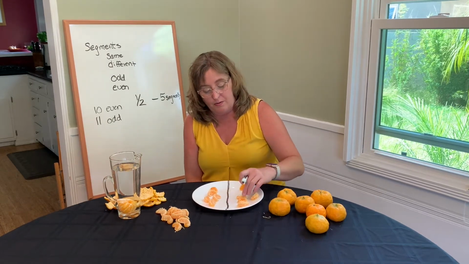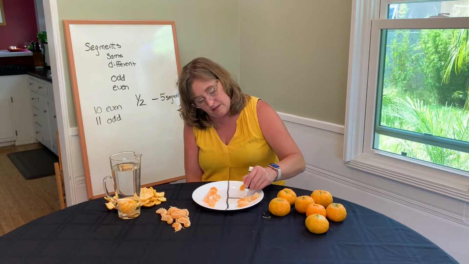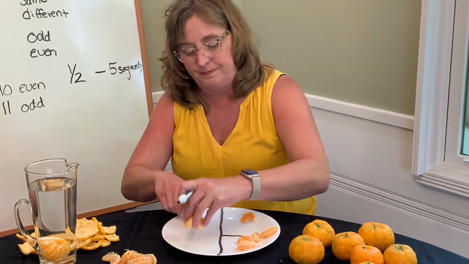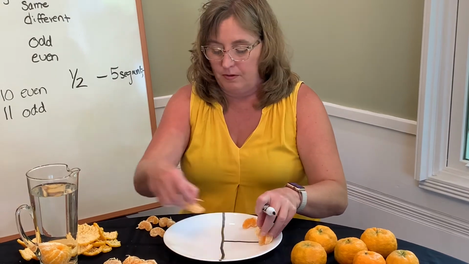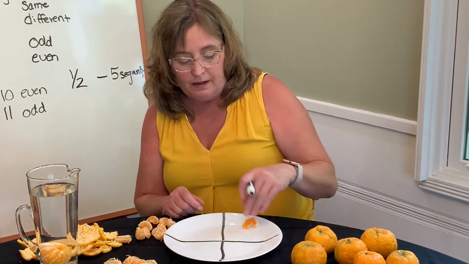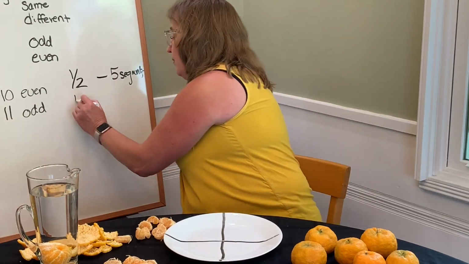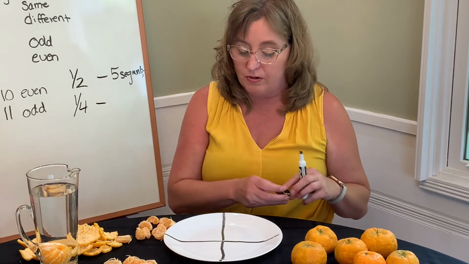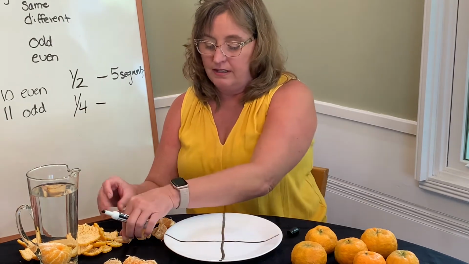Now if I wanted to know quarters, I'm going to draw another line on my plate. I'll move these out of the way for a second. If I wanted to know how many quarters we had, and how many segments were in each quarter of my tangerine, let's see now.